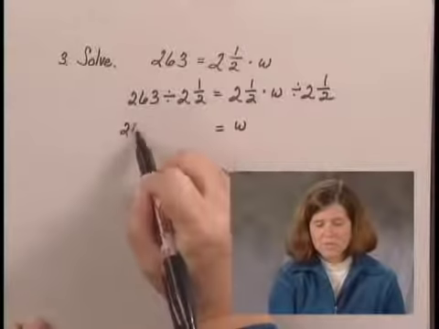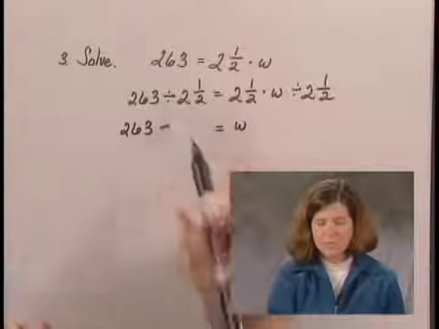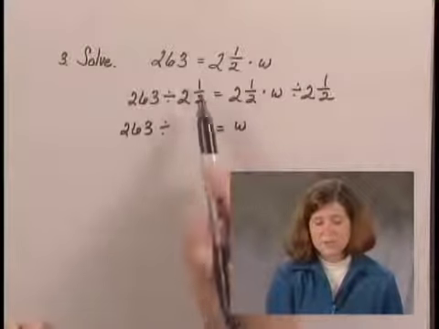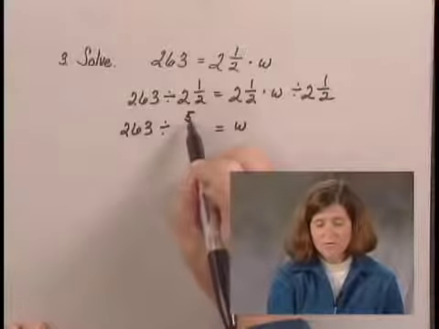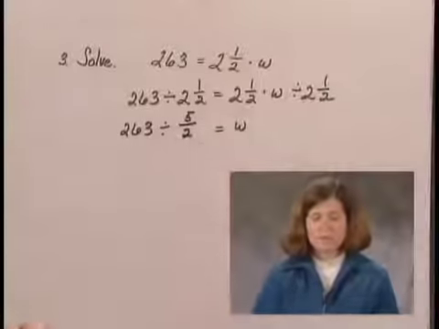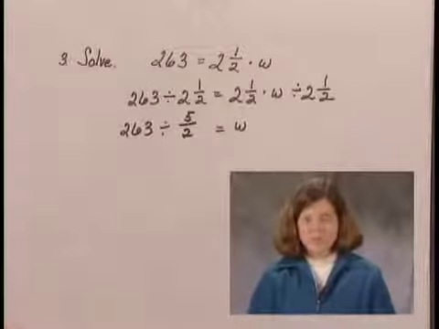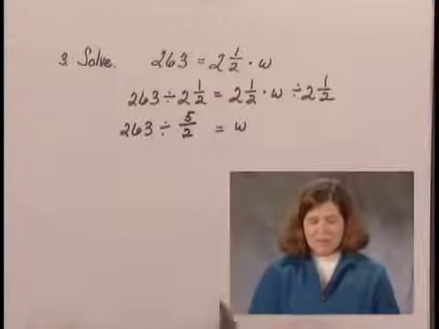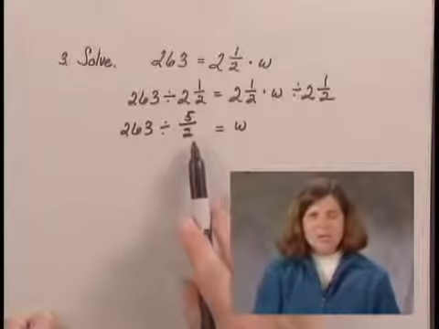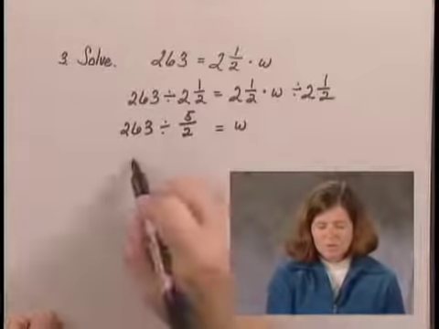So I have 263 divided by, 2 times 2 is 4 plus 1 is 5, so 5 over 2 is 2.5 in fraction notation. Now, in order to divide by a fraction, I multiply by the reciprocal of that fraction.